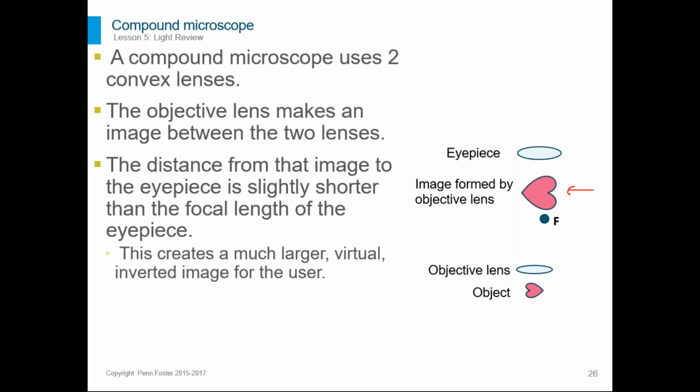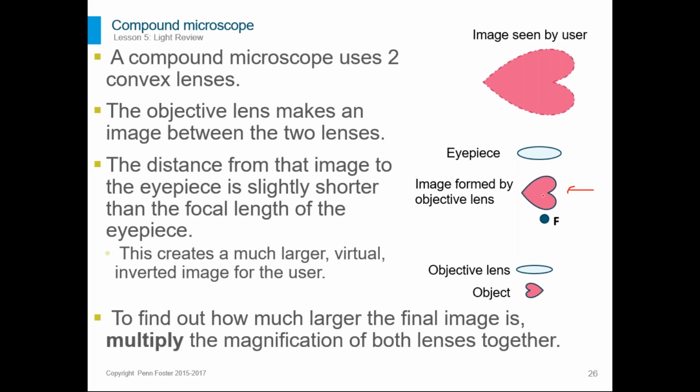Okay, so your objective lens makes an image here, and then the distance from that image to the eyepiece is less than the focal length, and that's going to end up magnifying the image that you end up seeing. So this is something where, again, you want to watch that other video about the different types of lenses and how the images will look depending on where the object is placed.